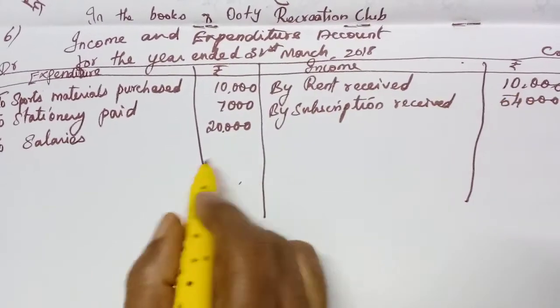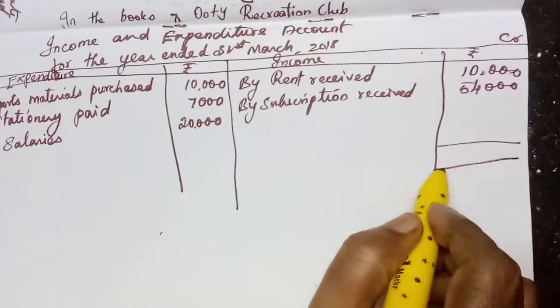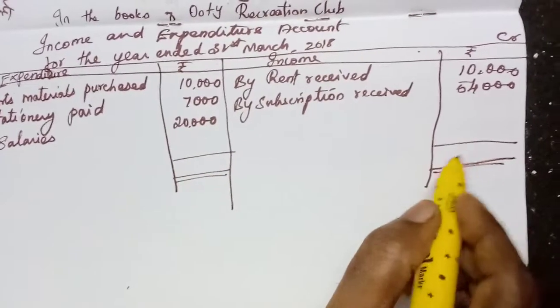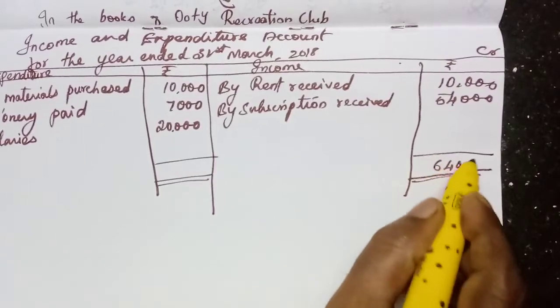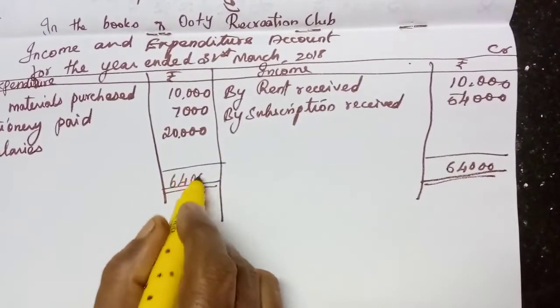Now we have to balance the account. Which side is more? Credit side, 64,000.